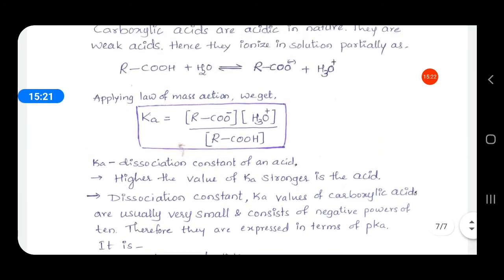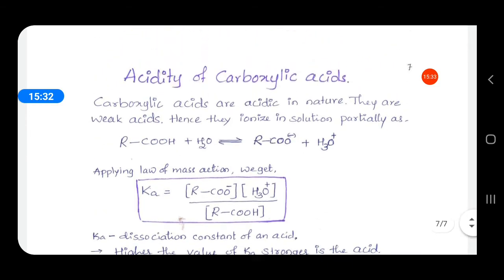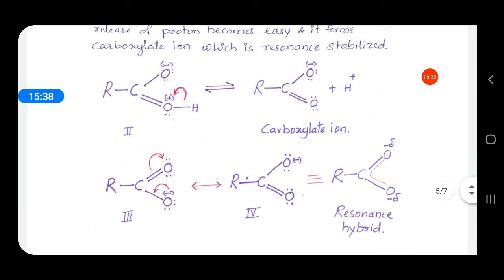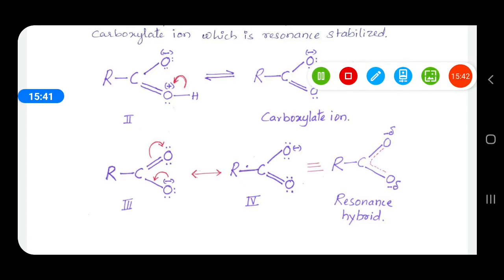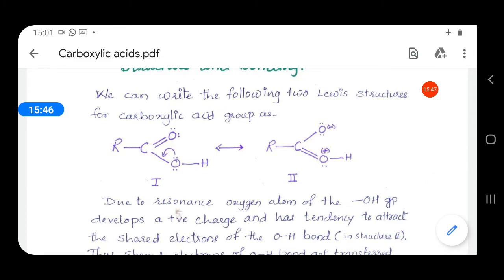Before that, we can see how it behaves as an acid. If it can give H plus easily, then it is called an acid. How it gives H plus easily, we can explain by the formation of resonance structures. As we see in the carboxyl group, in the resonance structure of the carboxyl group, one oxygen gets a positive charge and another oxygen gets a negative charge. So it becomes unstable because opposite charges are present.